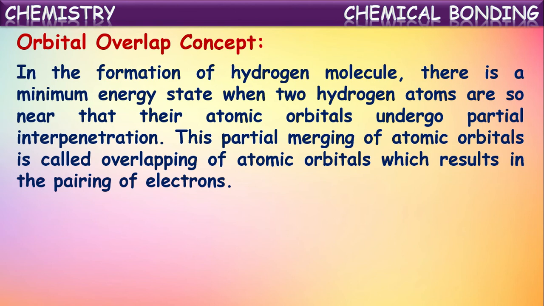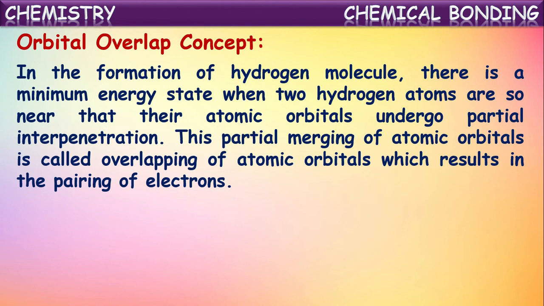At a certain distance, the attractive forces are balanced with repulsive forces. At that state, both the atoms are said to be bonded together. At this stage, atomic orbitals undergo partial interpenetration. This partial merging of atomic orbitals is called overlapping of atomic orbitals, which results in the pairing of electrons.